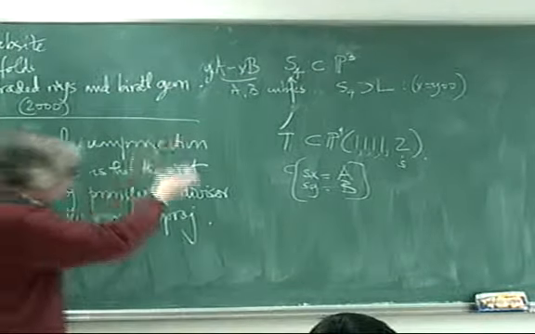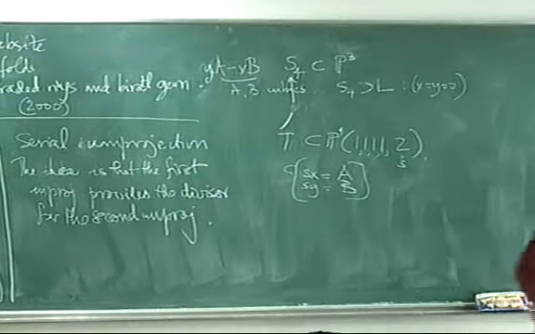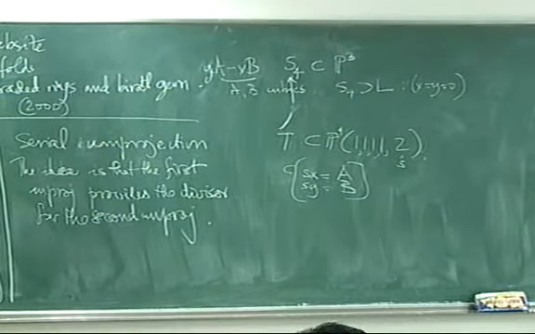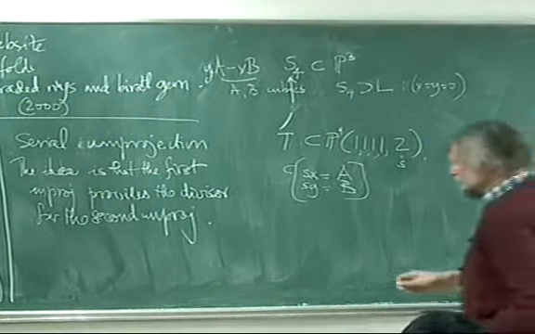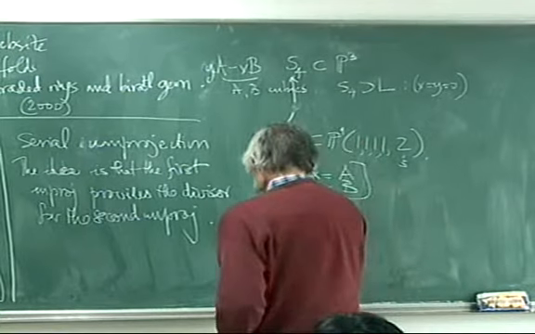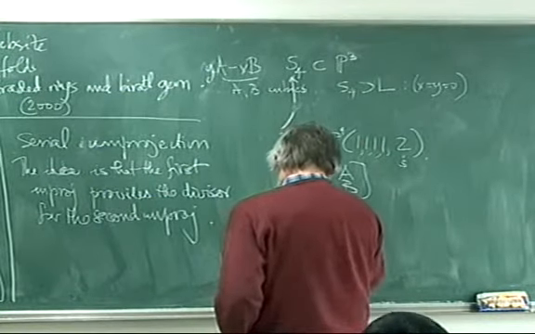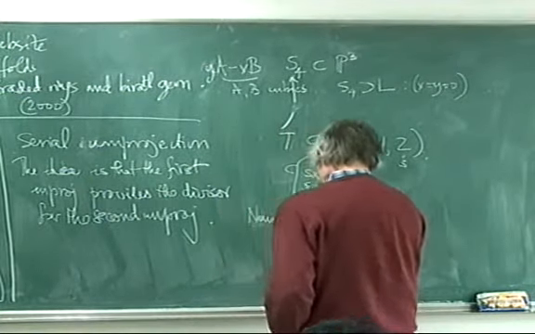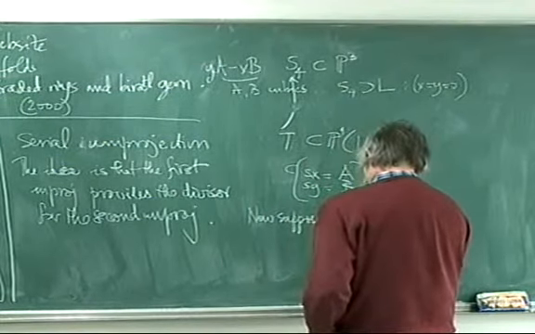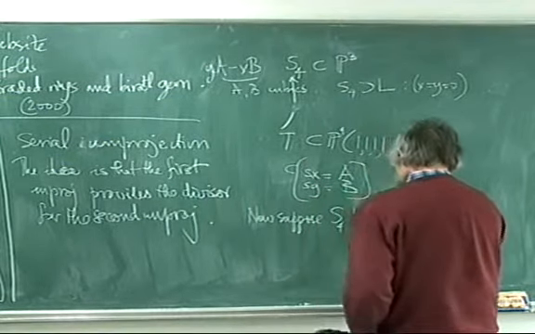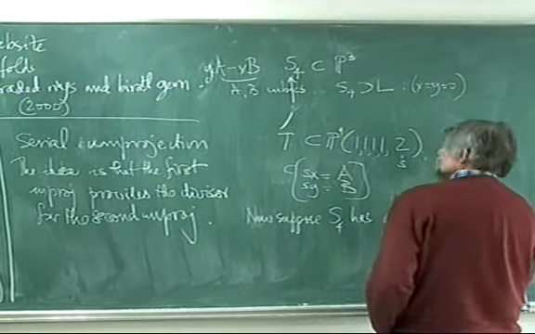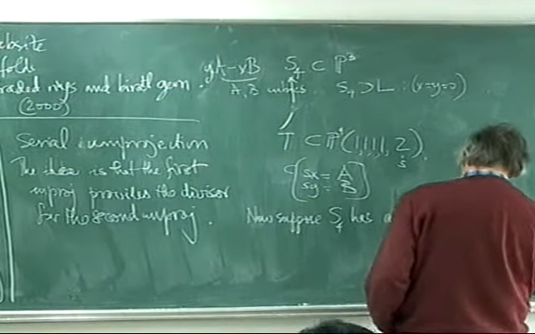So this is exactly the same construction as I did, just weighted in with slightly different weights. Okay, now suppose that S has a node on L.